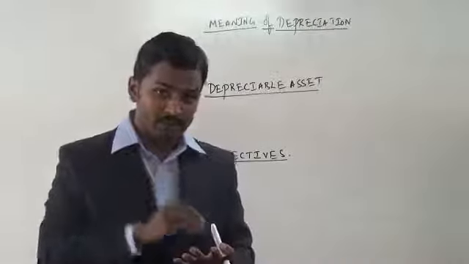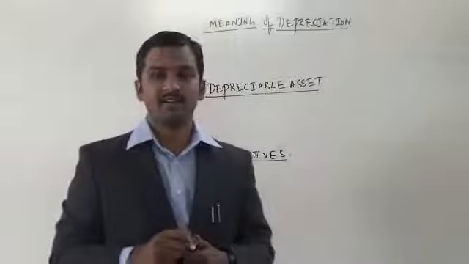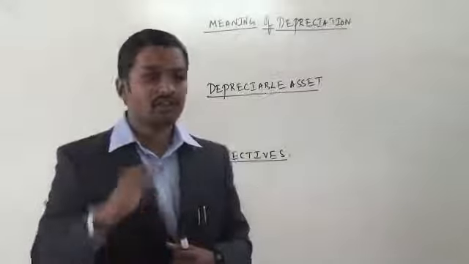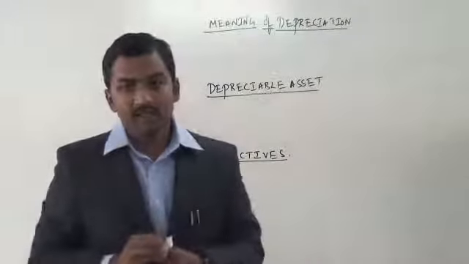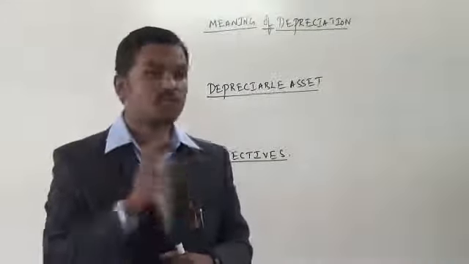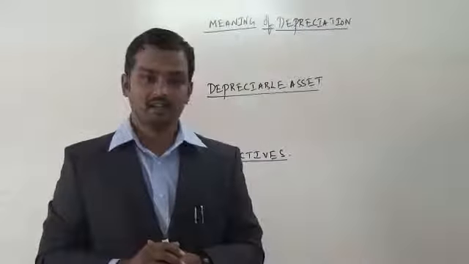If you include depreciation as a part of cost of production, the profits which you have calculated will be considered as accurate profits. So if you want to arrive at true profits made by a business, you have to include depreciation as a part of cost. You have to include depreciation in cost of production, then only will you be able to calculate the correct profits.